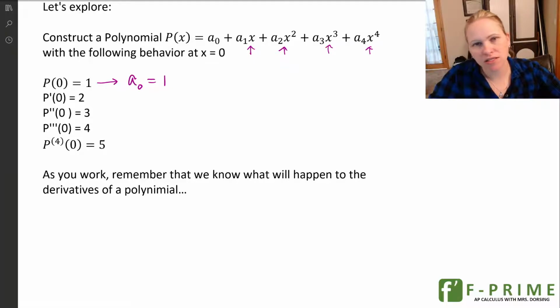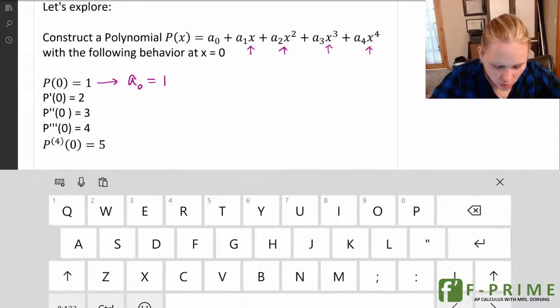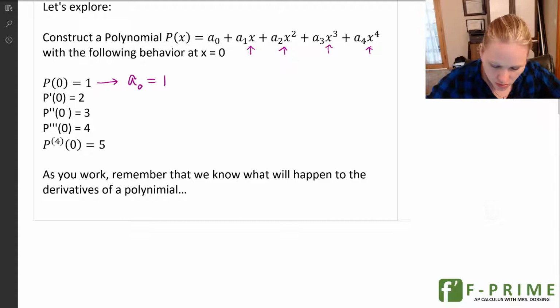But now let's talk about the derivative. When I take the derivative of this polynomial and plug 0 into it, keep in mind that the squared term, the cubic term, the quartic term, all of these terms will still hang out.